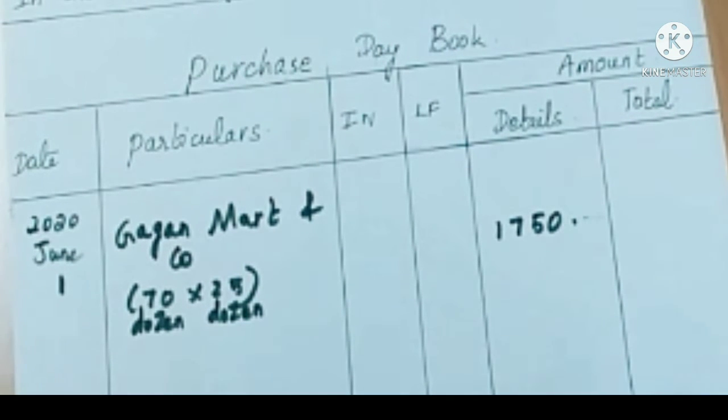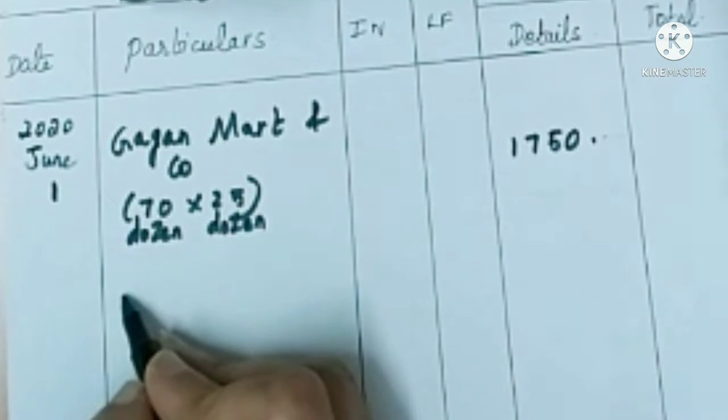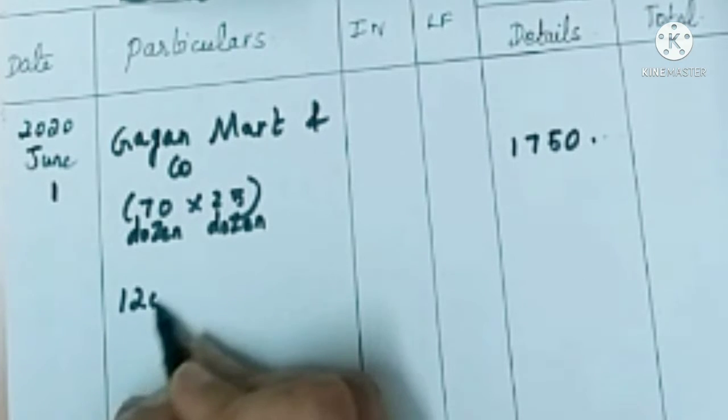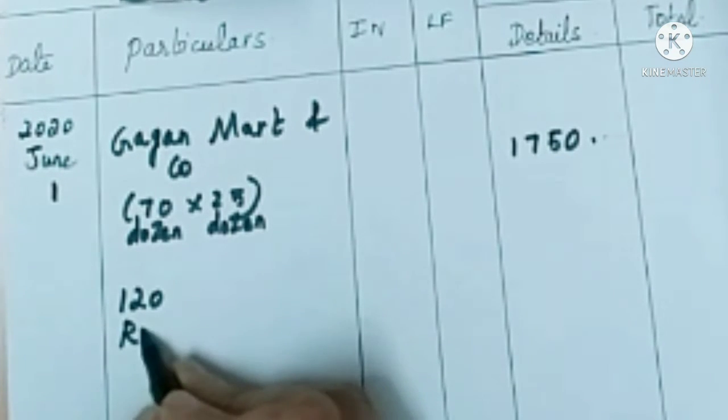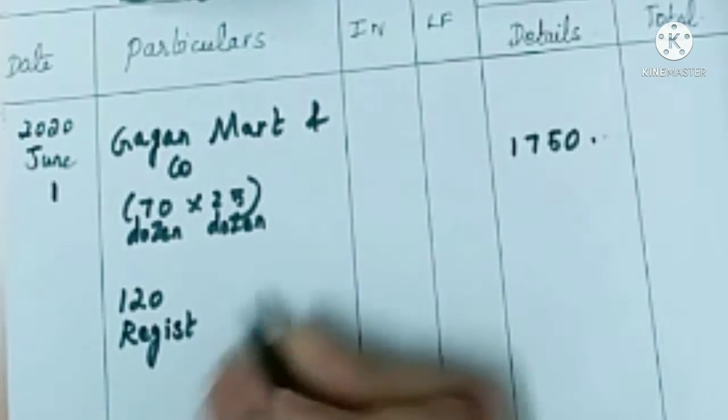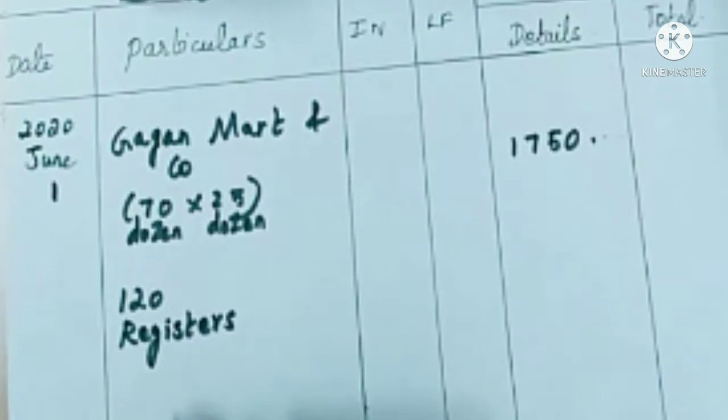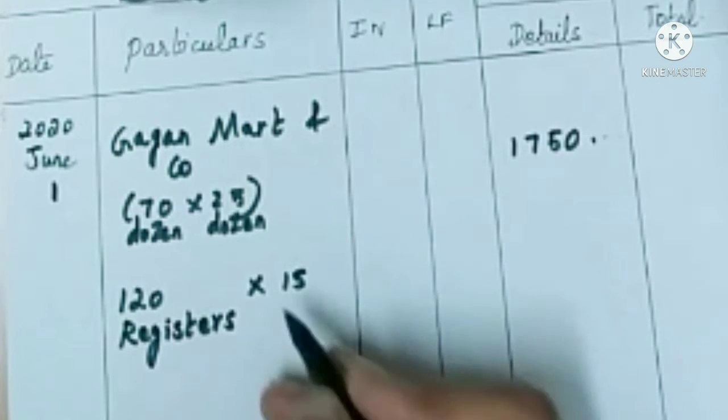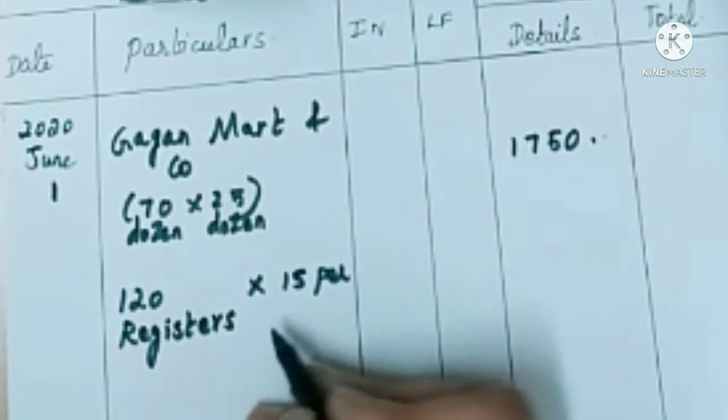Next one. 120 registers are purchased for rupees 15 per register.